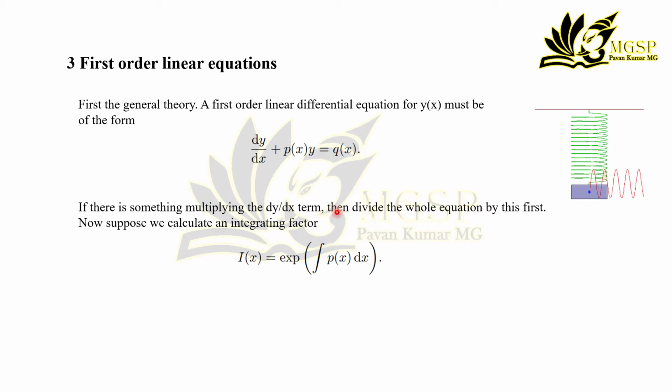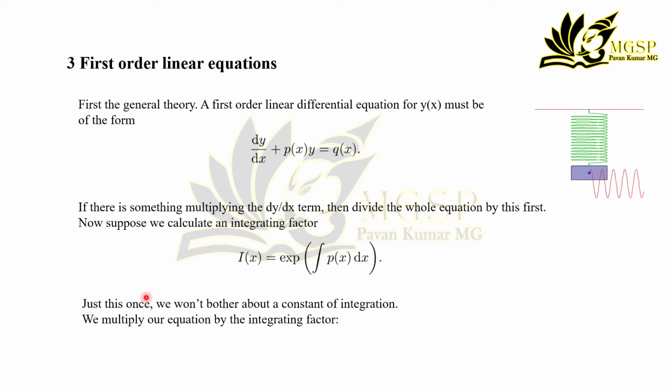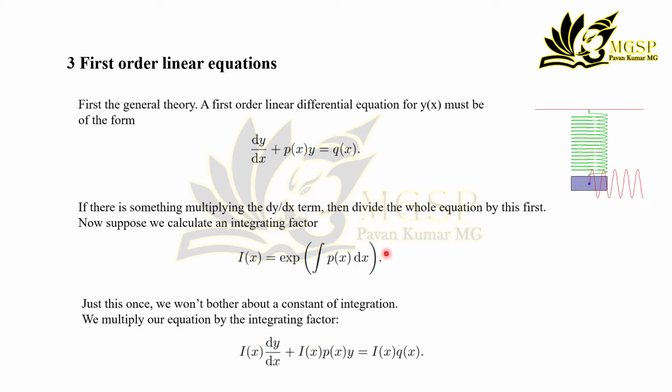After this I'll explain one example. We won't bother about the constant of integration, the plus c term, so we don't go for that. To go for that, we need some initial condition.